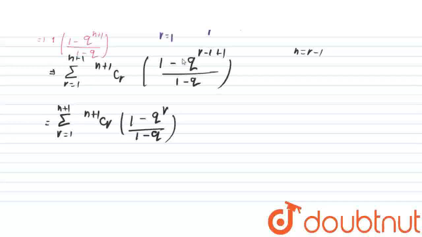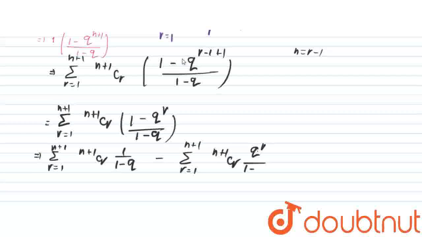I got it. Now what I can do, I can multiply this to this one and then this to this one. So I can write the summation of r equals 1 to n plus 1 of n plus 1 c r times 1 divided by 1 minus q, then again a minus sign, the summation of r equals 1 to n plus 1 of n plus 1 c r times q to the power r divided by 1 minus q.